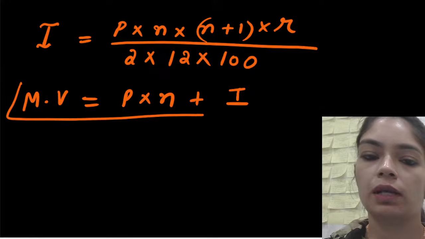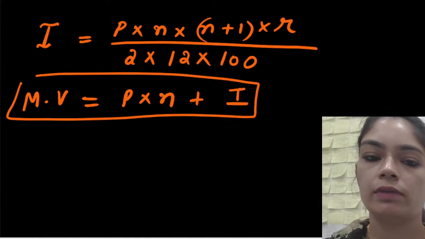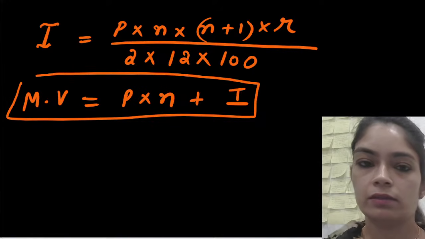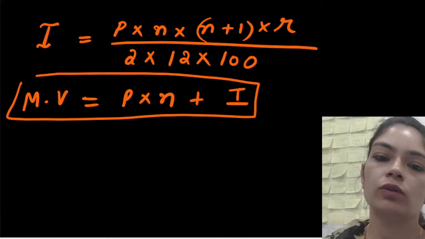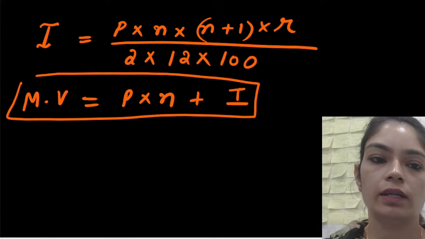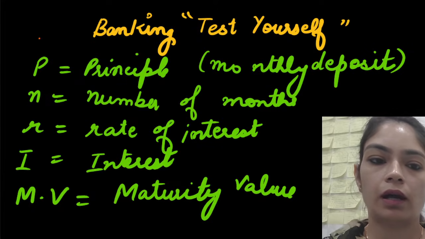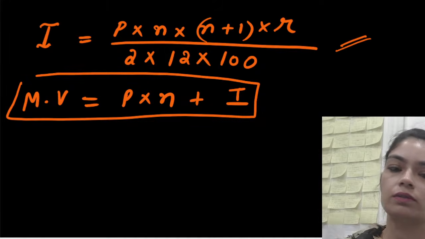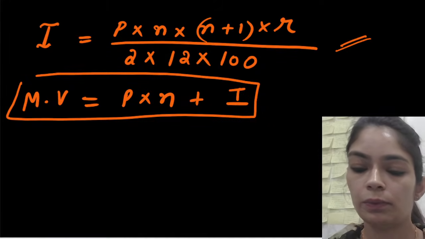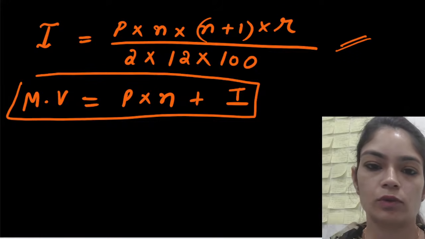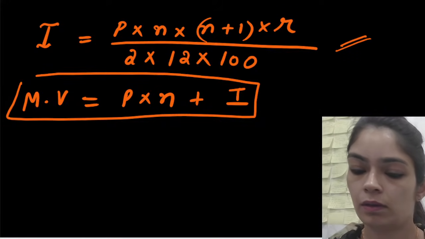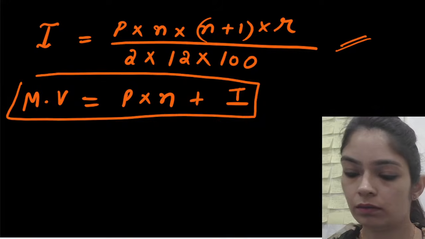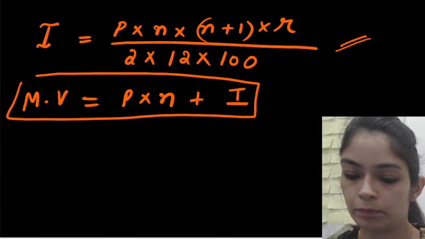So these two formulas we will be using while solving the questions of this exercise. Because we are going to start with the exercise, in depth I am not going to explain you here, just with these formulas we are going to start with the exercise. I hope you have made a note of these formulas. So shall we go ahead with the exercise?